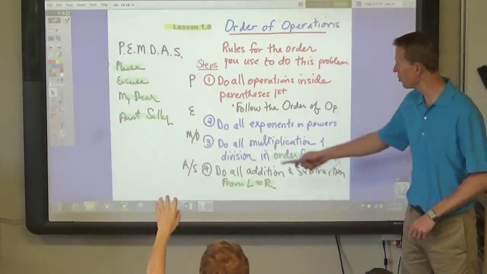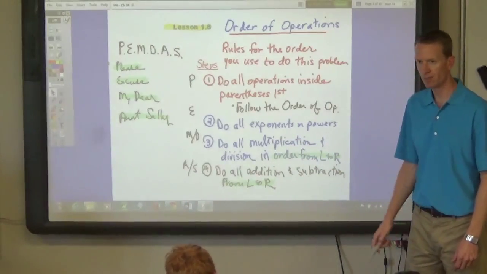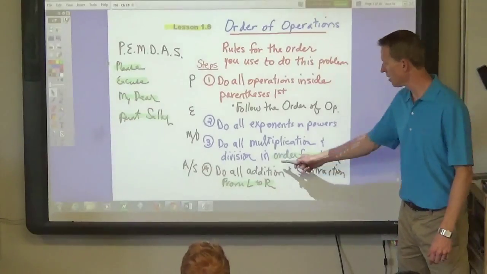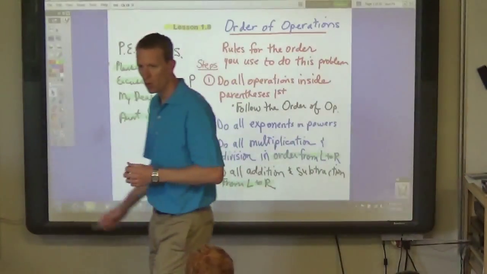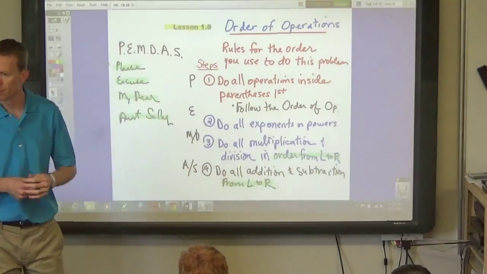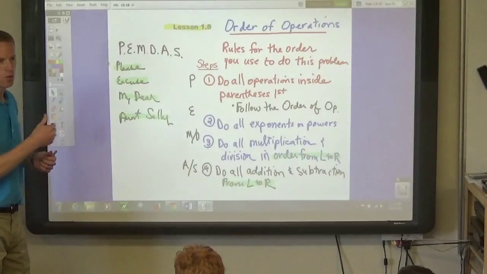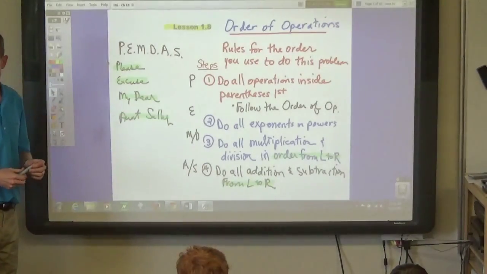Step 3 is to do all multiplication and division in order from left to right. So if it's multiplication or division, you do the multiplication and division in order from left to right.